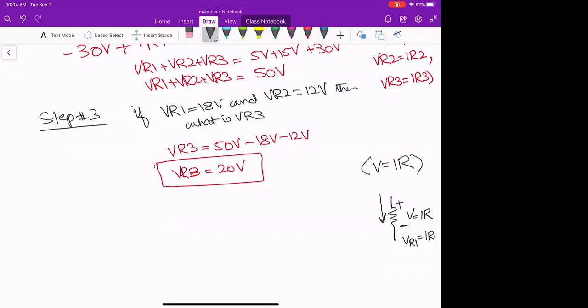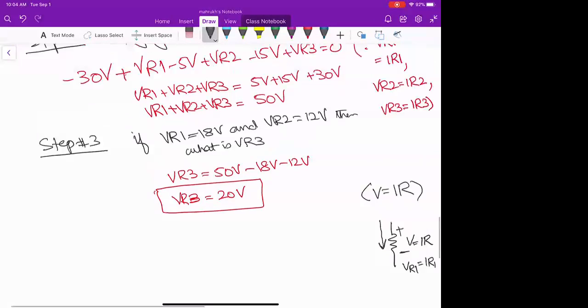Okay. So if it is clear, then I'll move forward. Is it clear to everyone? Or does anybody have a question? Because it's very important to understand the difference between KVL and KCL. But when I'm describing KVL, you should not think about KCL. You just focus on KVL, then it will become easier to understand.